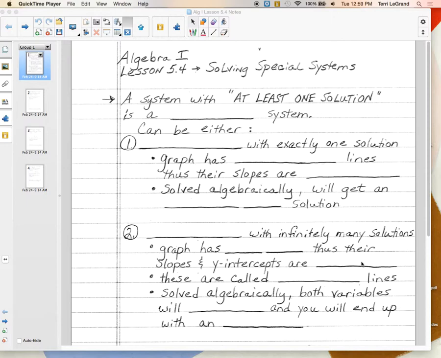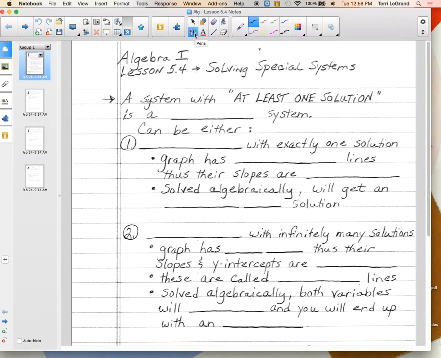Since there are 3 solutions, how could we find out, without actually graphing them, what type of solution it would have? And not only that, but what classification can we give it? In other words, we now have to name those systems.